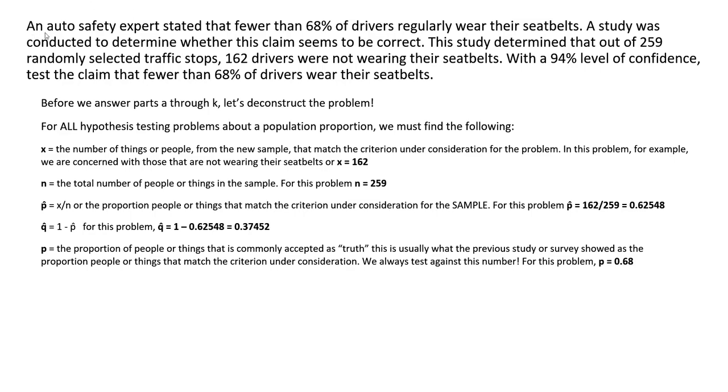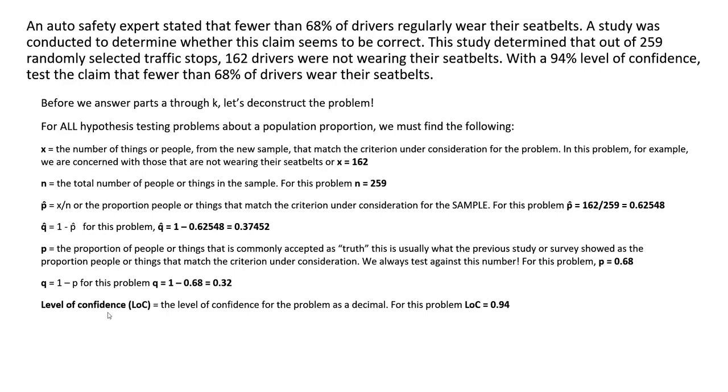It says right here, an auto safety expert stated that fewer than 68% of drivers, so this is P, and this is what we're going to end up testing against. Q is simply 1 minus P, so Q is equal to 1 minus 0.68 or 0.32.